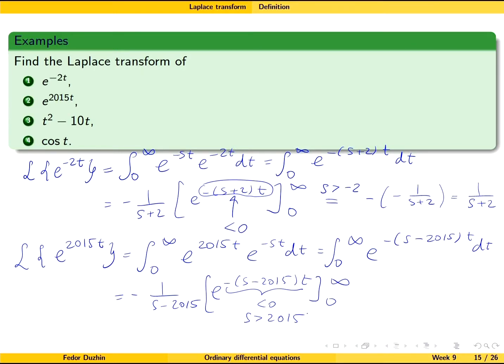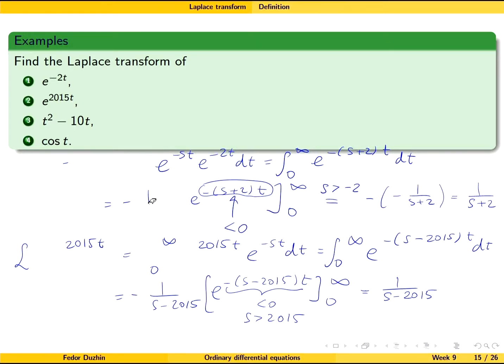If s is bigger than 2015, then the limit of this expression when t goes to infinity is just 0, and the result is 1 over s minus 2015. Okay? Alright, I hope this is clear.